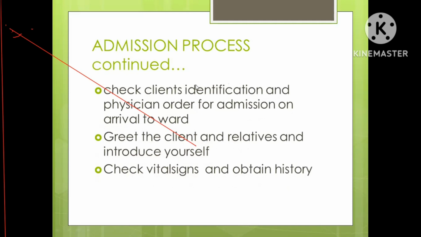No patient should be admitted without a physician order. So we have to check the patient identification, then check for the physician order for the admission in the particular department.